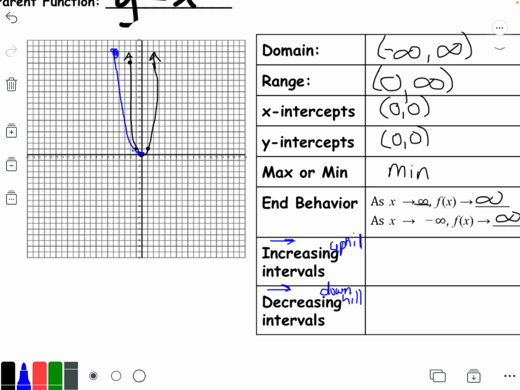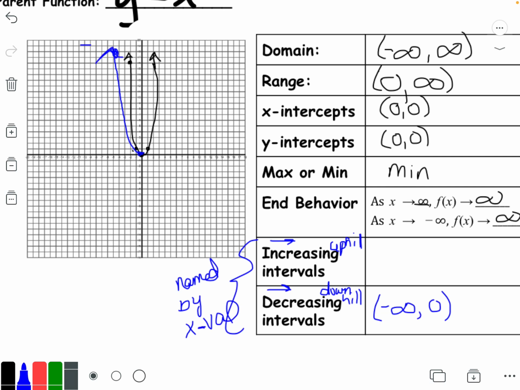So what we're going to say is that our decreasing interval is from negative infinity to 0. And we're always going to name these off of our x values. Okay, so they're named by the x values.